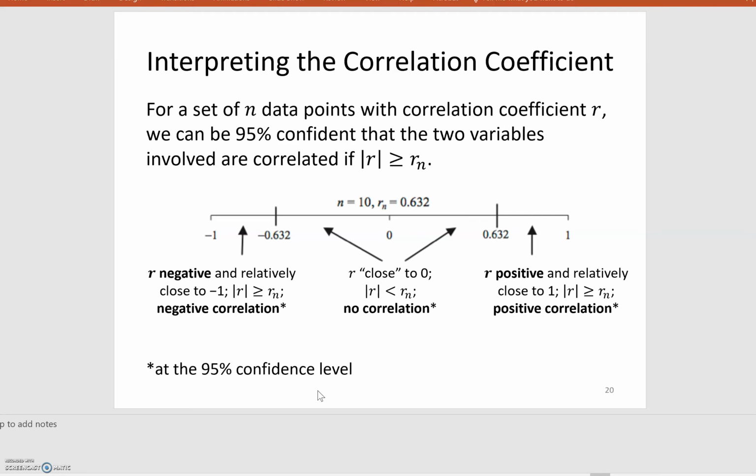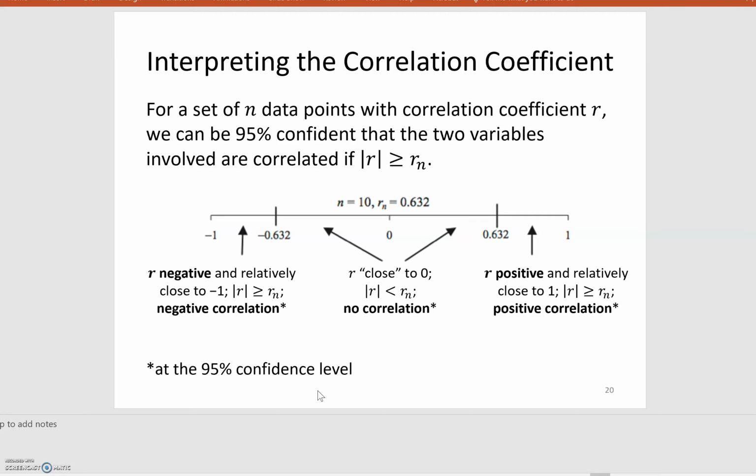And let's assume that our correlation coefficient, we found it to be some value r. Now, that r value, whatever it is, supposedly gives you a numeric measure of how strongly correlated the two variables are. But we need some way to interpret that and to decide what does that actually mean?